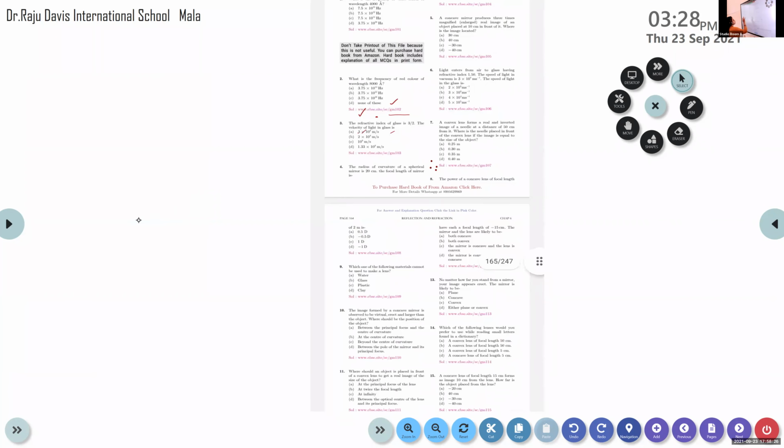What is the relation between radius of curvature and focal length of the mirror? Yes, ma'am. R is equal to 2F. So here the radius of curvature is given, R is equal to 20 centimeter. Then how do you calculate the focal length?